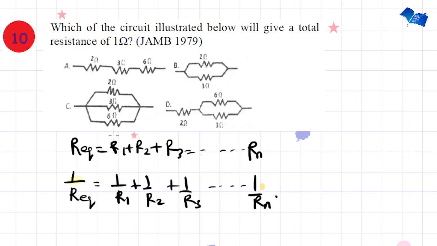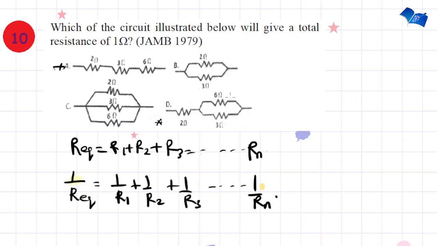Having known this, you can agree with me that option A should be out already, because 2 plus 3 plus 6 cannot give us 1. Only 2 alone is greater than 1 ohm. Option D should also be out, because this 2 ohm resistor is connected in series with this parallel combination. So 2 plus whatever you get is also greater than 1. So we're only left with options B and C.